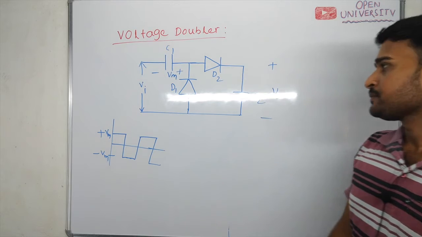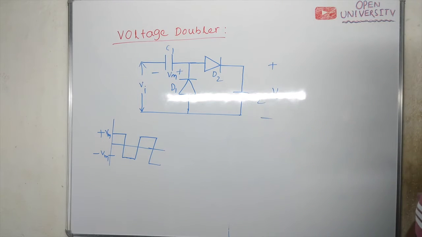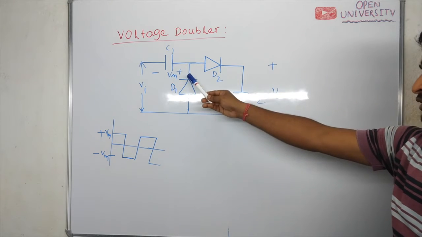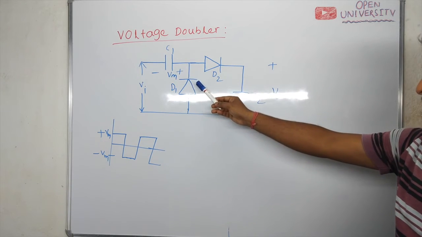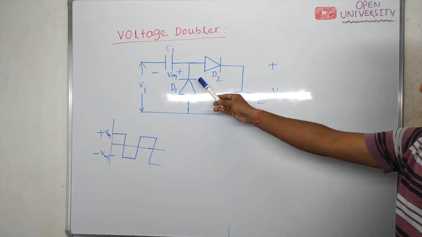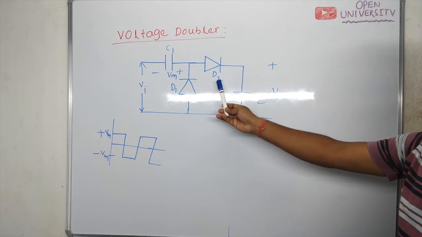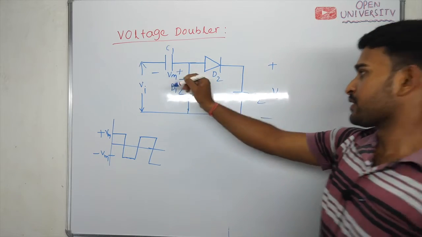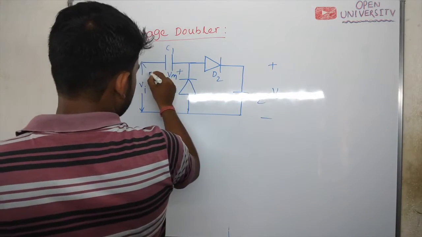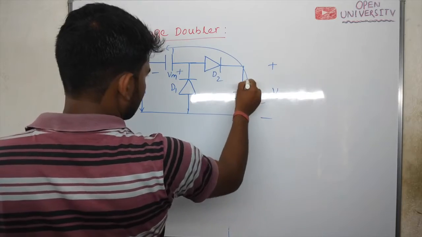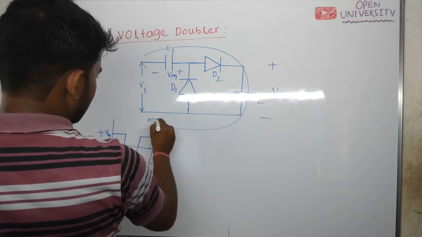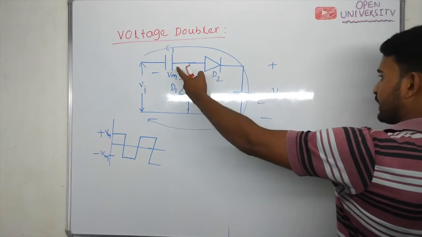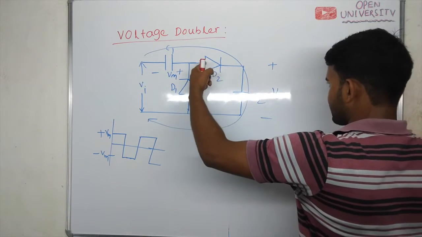During negative half cycle, diode D1 becomes forward biased, and capacitor will charge through D1 up to peak input value Vm. Now when input voltage is positive, your diode D1 will be reverse biased and diode D2 becomes forward biased. Capacitor will charge through D2 like this. The current will be flowing this way. This path becomes open circuited, and this diode D2 becomes forward biased and replaced with short circuit.